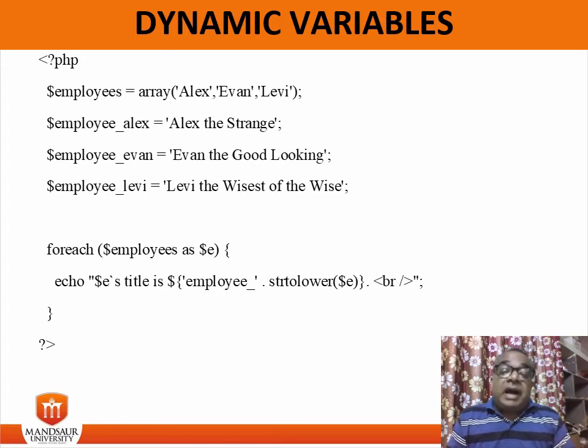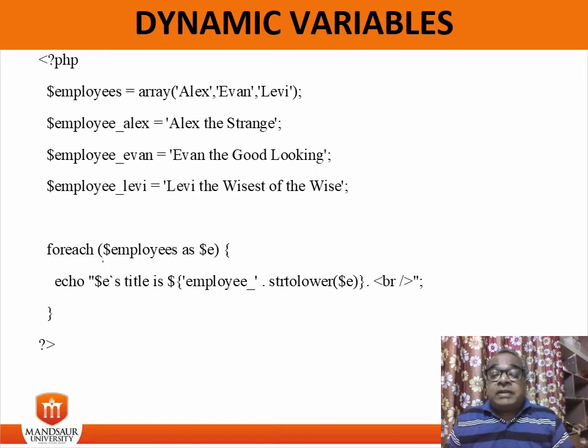Now what we have to do here is use a foreach loop, since this is an array, to go through the elements one by one, with employee as dollar e. Echo dollar e, then concatenate employee underscore with dollar e, which gives the name for each element.